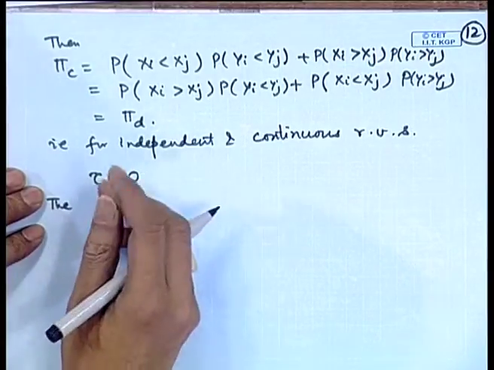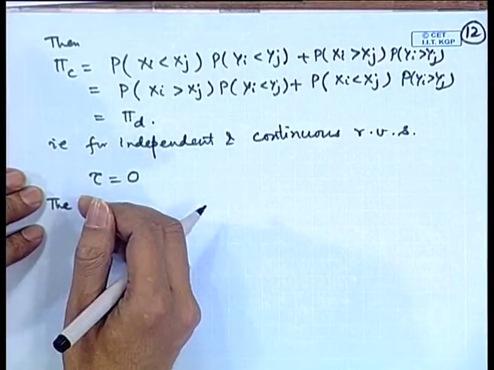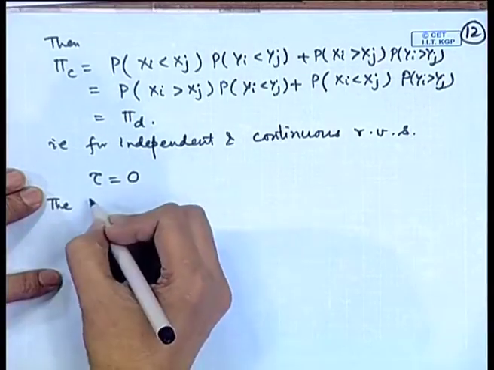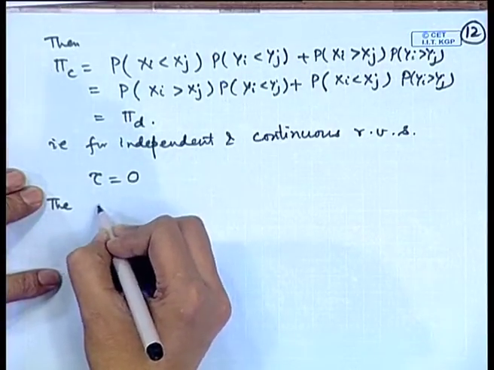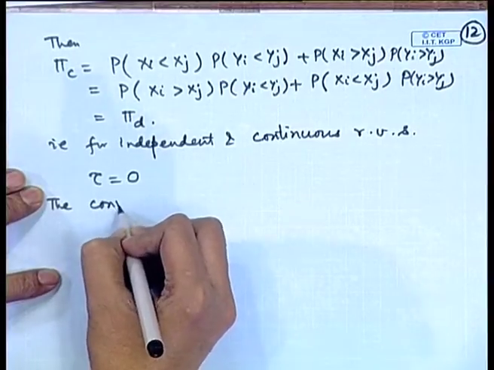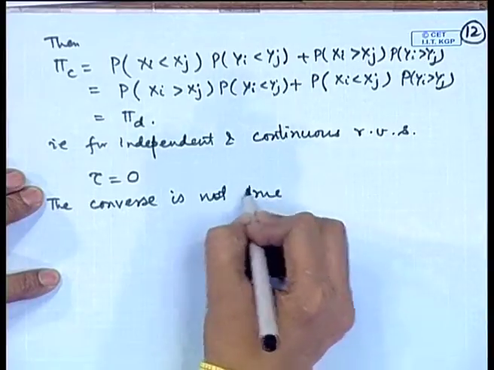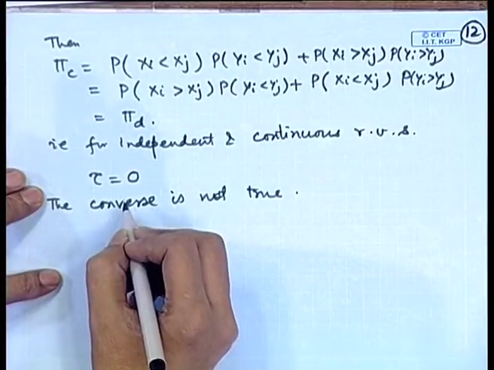Like in the Karl Pearson correlation coefficient, for independent random variables the Karl Pearson correlation coefficient was 0. The converse of this is not true. However, as in the Karl Pearson case, the bivariate normal distribution has a peculiar property that independence and the correlation being 0 are equivalent.